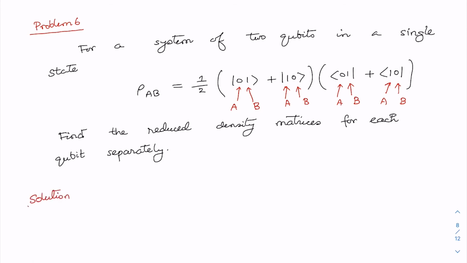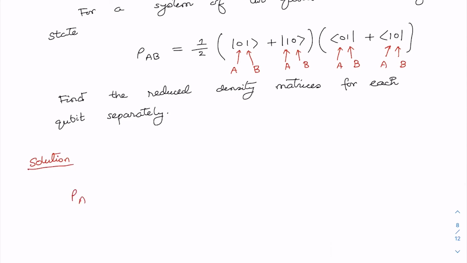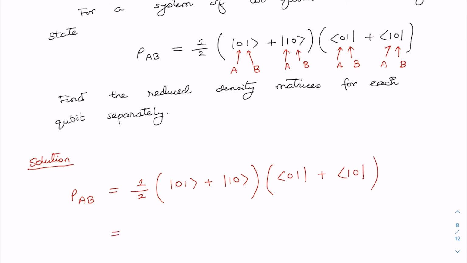So first of all, let me open up this density operator rho AB. Let me write first, it is half (ket 01 plus ket 10) tensor product with (bra 01 plus bra 10). If I open it up term by term, let me take the tensor product of this one with this one. So I will have ket 0 bra 0 tensor product with ket 1 bra 1.